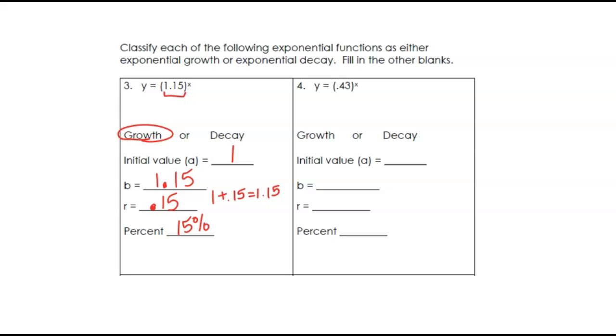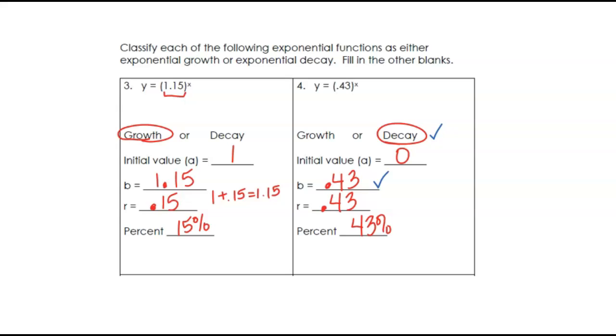Good. Okay, number 4. Let's see if you can find my mistakes. Okay, so my decay function was right, and my B value was right.